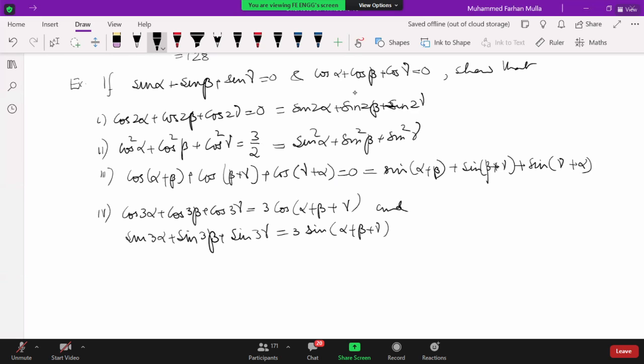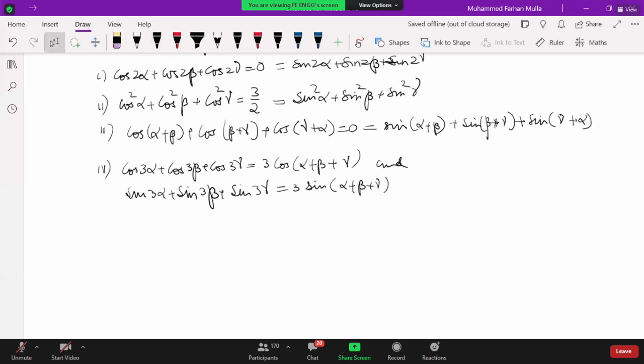So we shall try to resolve all these 4 cases by using only these 2 equations, this one and this one. Okay, so let us start.